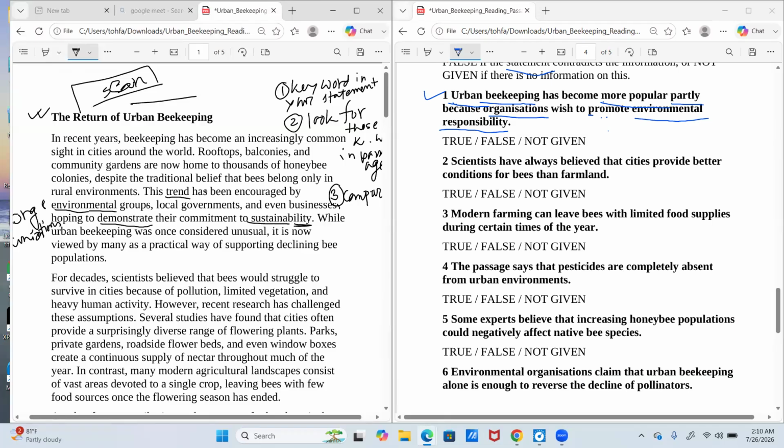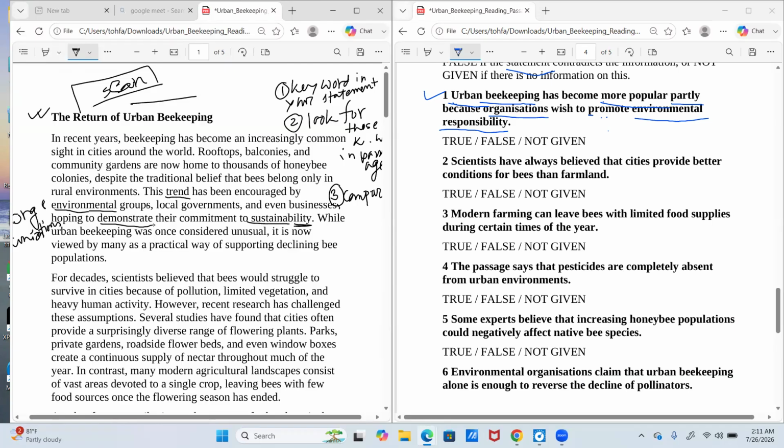That means that it's getting popularity, right? So, whatever our statement says, that urban beekeeping has become more popular because the organizations wish to promote environmental responsibility, our passage also says the same thing, right? These organizations are wishing to demonstrate.